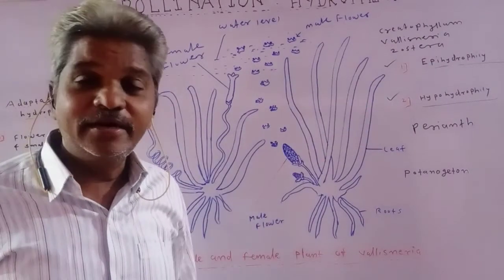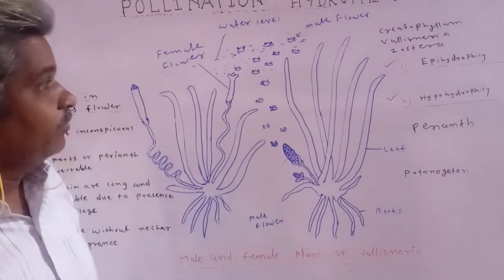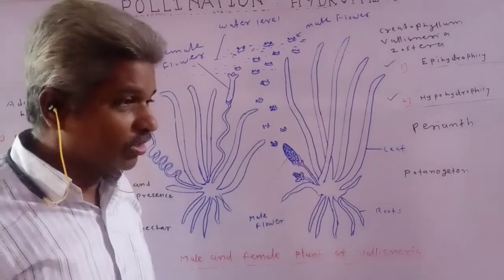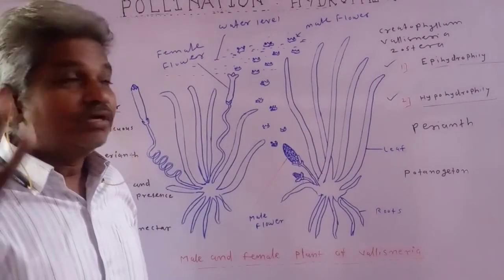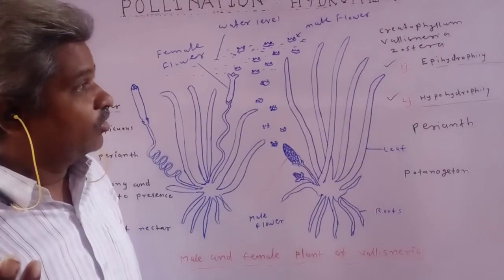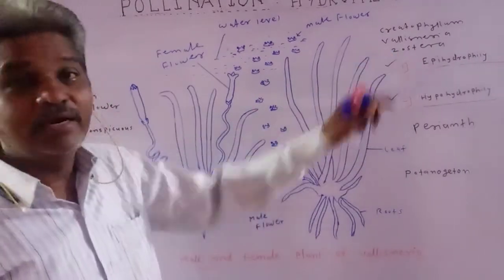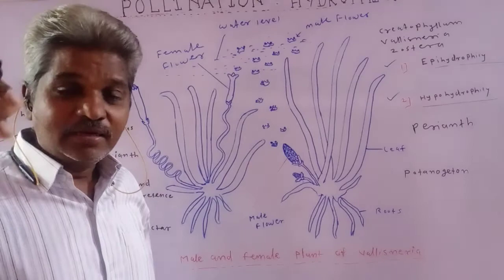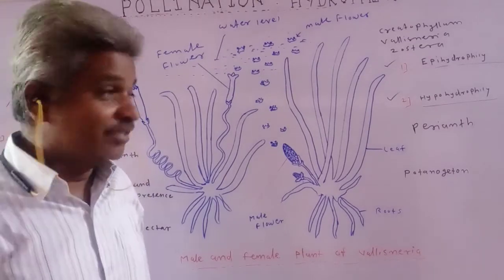In Zostera, male plant and female plants are separate. When the pollen grains are released from the male plant, they sink in the water.